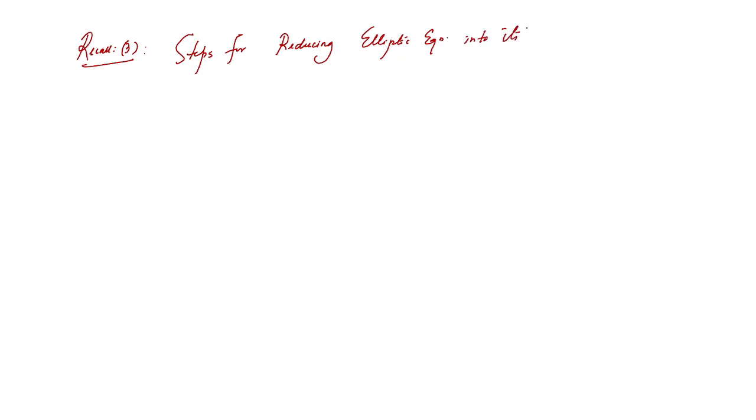So the next, recall, 3: all about the steps for reducing an elliptic equation into its canonical form.